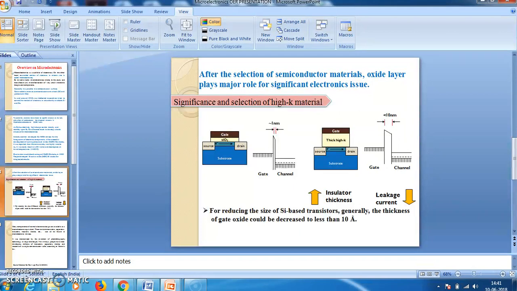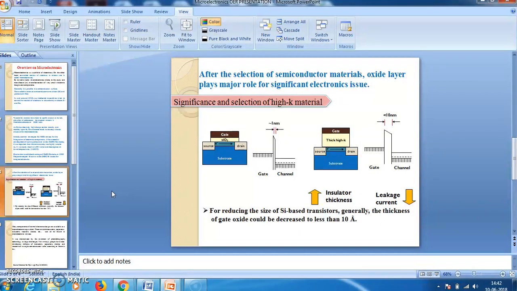But after a survey of one decade, people found that germanium oxide is highly volatile, and it can easily dissolve in DI water. If you heat the stack at low temperatures like 400 or 300 degrees centigrade, this interface gets disturbed.